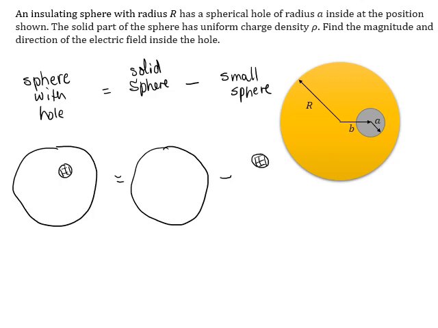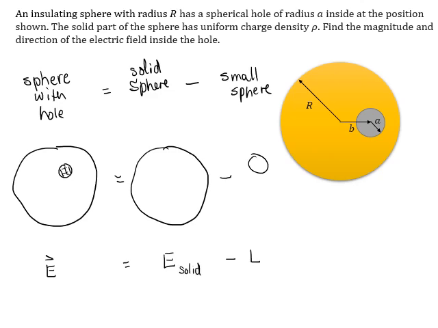So if we took that away, then that gives us, maybe I shouldn't shade that in because that's a solid bit that we're going to take out. So if we take this solid sphere right here, and if we remove this piece, then that leaves us with this structure right here. So what that means is that the electric field of this structure is going to be the electric field of the solid sphere.